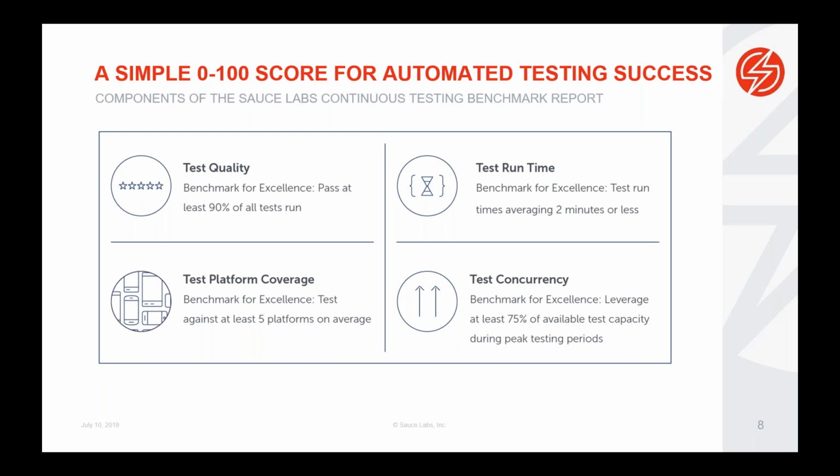So naturally, what we want to drive as far as maturity is a situation where most of your tests, whether you're running a smoke test at the commit level or a nightly regression test, will be passing. And that's when you'll get most value for your testing.